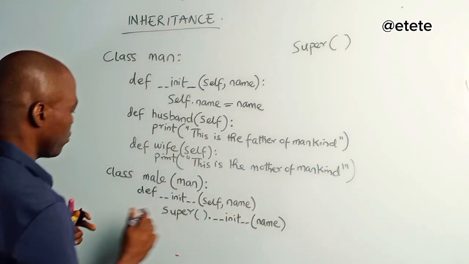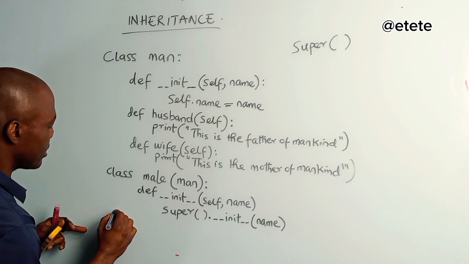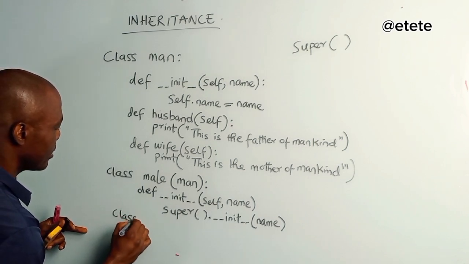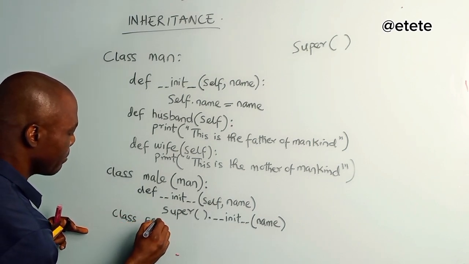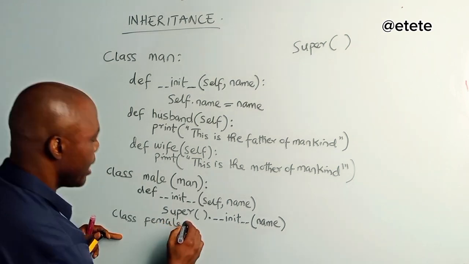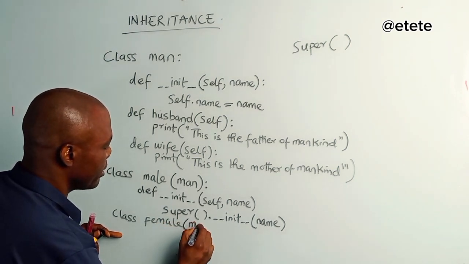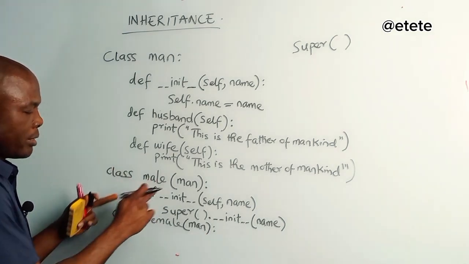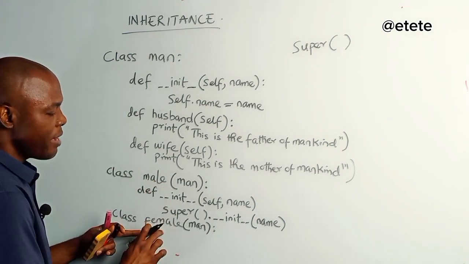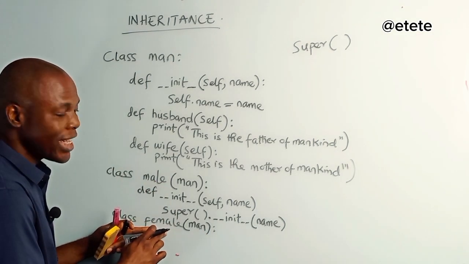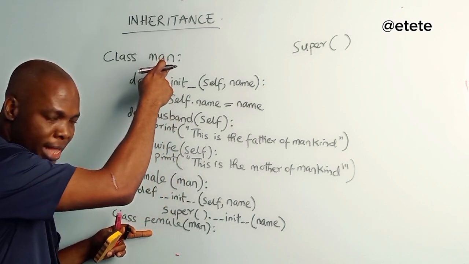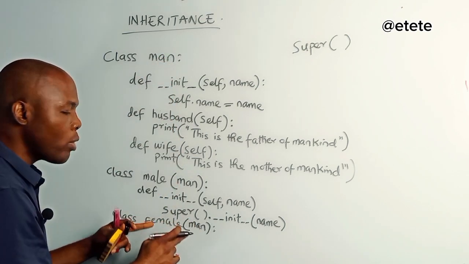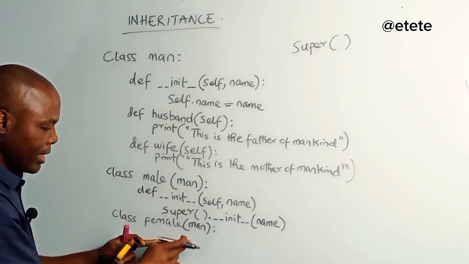Now this is the first one. Then I'm going to create another class, class female, and this one is also going to inherit from the man class. So two classes, male and female. Both of them are the children classes of this man class. So this one now, I'm equally going to create inside this place.